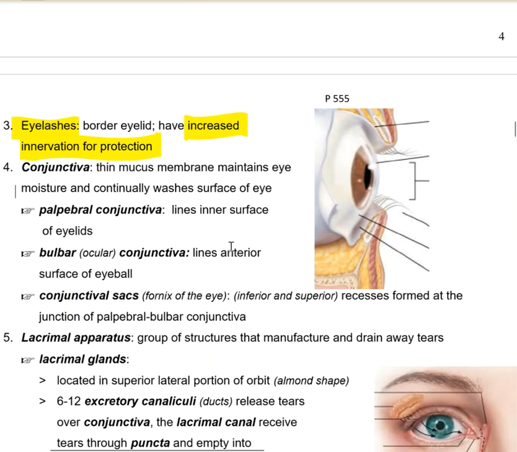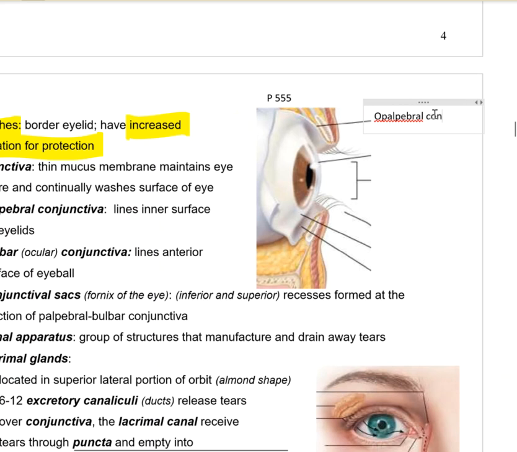Okay, so it's a thin mucous membrane that maintains eye moisture and washes the surface of the eye as liquid is produced. And you have two different parts of it. Okay, so the palpebral conjunctiva is the part that's on the inside of the eyelid, and that makes sense.